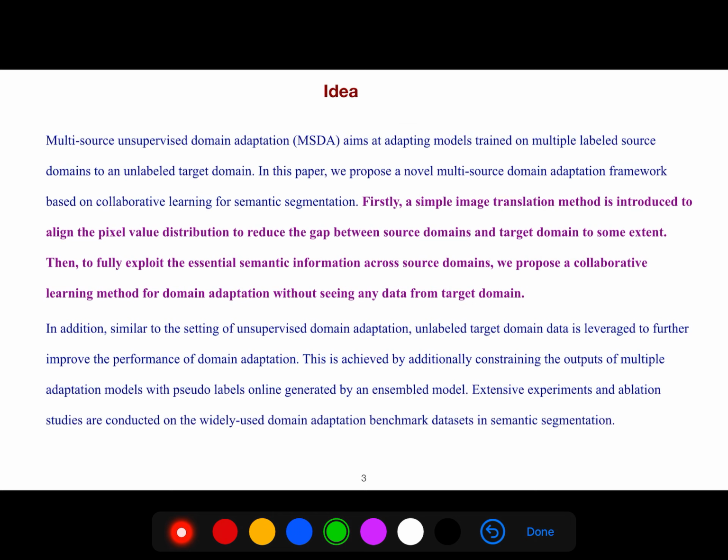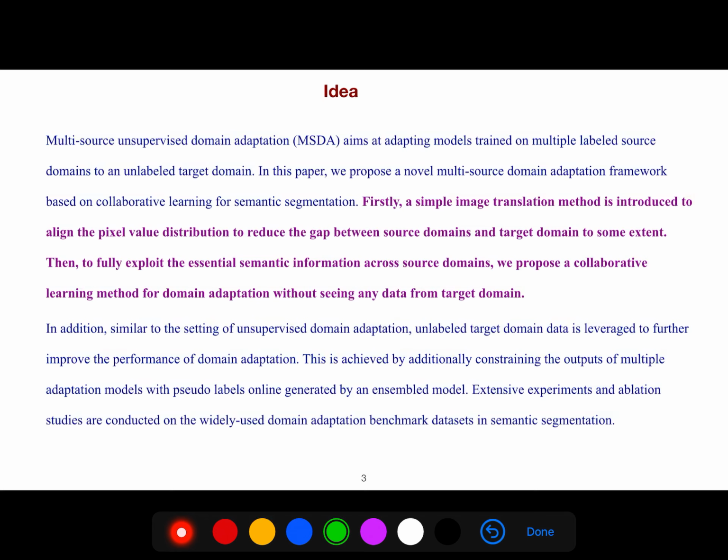Multi-source unsupervised domain adaptation aims at adapting models trained on multiple labeled source domains to an unlabeled target domain. In this paper, we propose a novel multi-source domain adaptation framework based on collaborative learning for semantic segmentation.